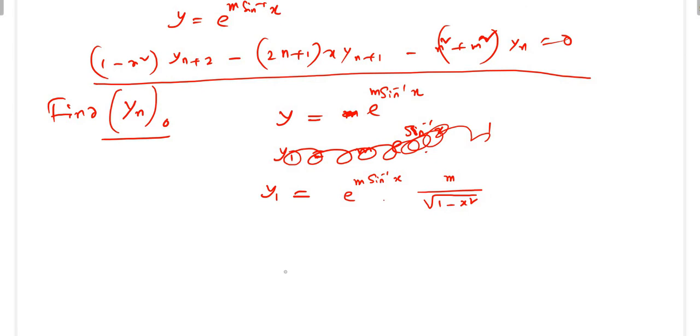Okay, so what is your y1 at 0? This is e to the power m into sin inverse 0, which is 0, into m by root over of 1 minus 0, that is m.